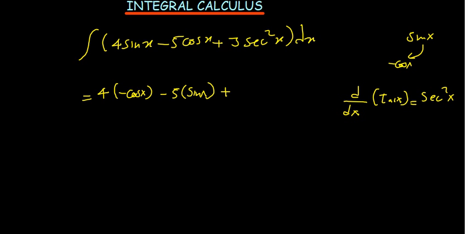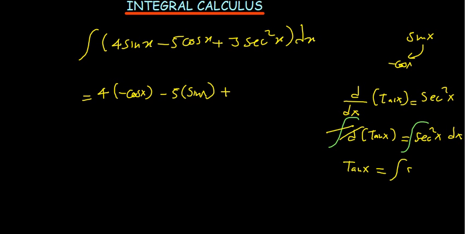So that is going to give us d of tan x being equal to sec squared x dx, because I've multiplied by dx on both sides. Now if I integrate, the integral goes, so that is going to be tan x is equal to the integral of sec squared x dx.